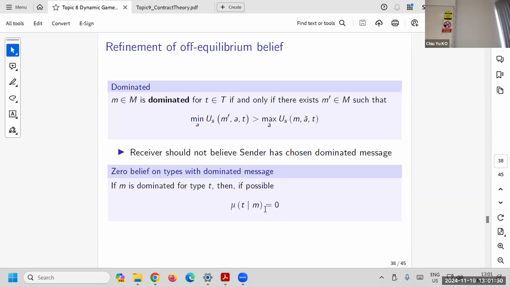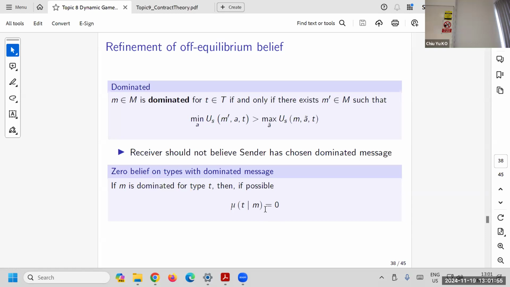So the worst case is better than the best case. Then I should never do it. That means if something is dominated, I shouldn't believe that this type would exist. Do note that this is just a refinement on the belief, not anything else.